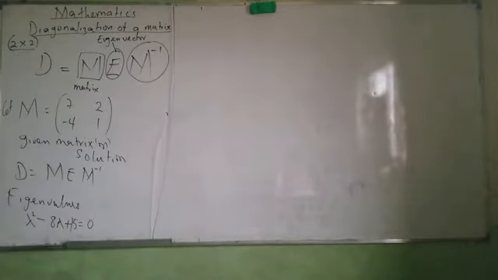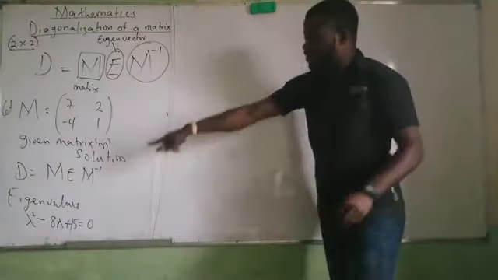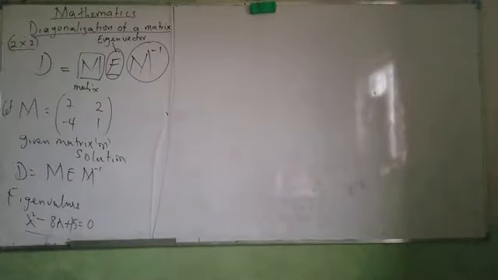The next thing I need to do is generate my eigenvalues. I want to factorize this. It means finding two numbers that multiply to give 15 and add to give 8.